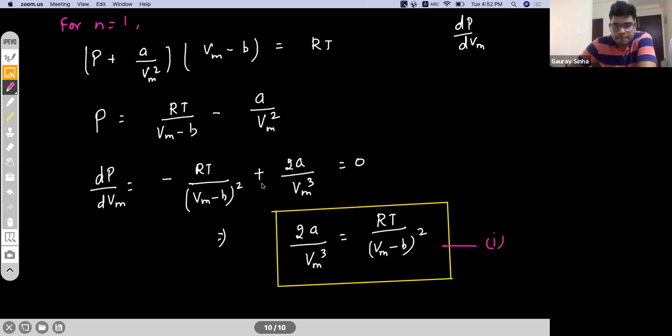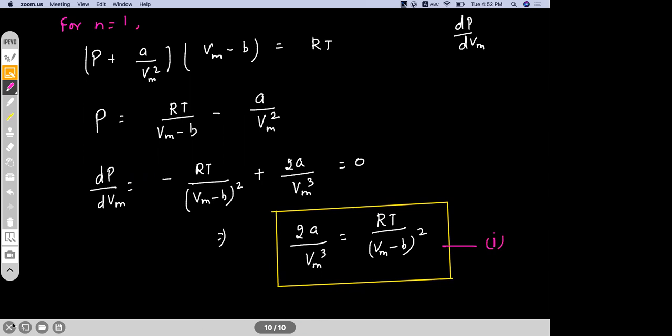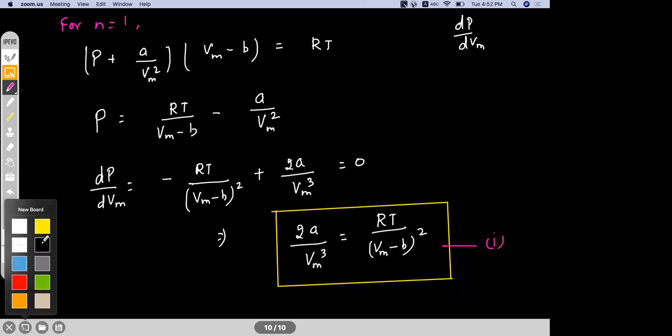No doubt, we have this expression, we can again differentiate it. Double differentiation, right? So you see this.